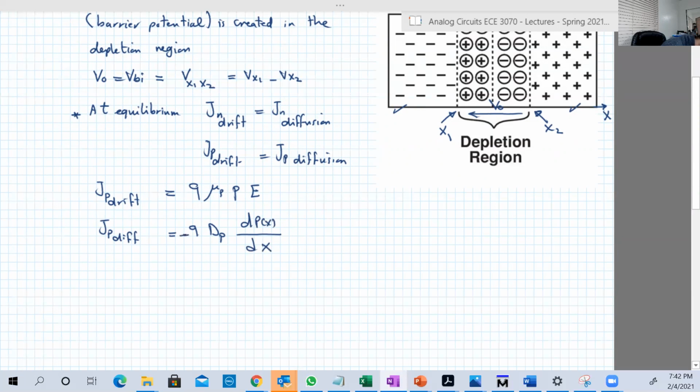There is a minus here, yes. Why the minus? Because dp/dx is already negative, so this minus will cancel that minus. So let's equate these to each other: q mu p p E equals minus q Dp dp(x)/dx.